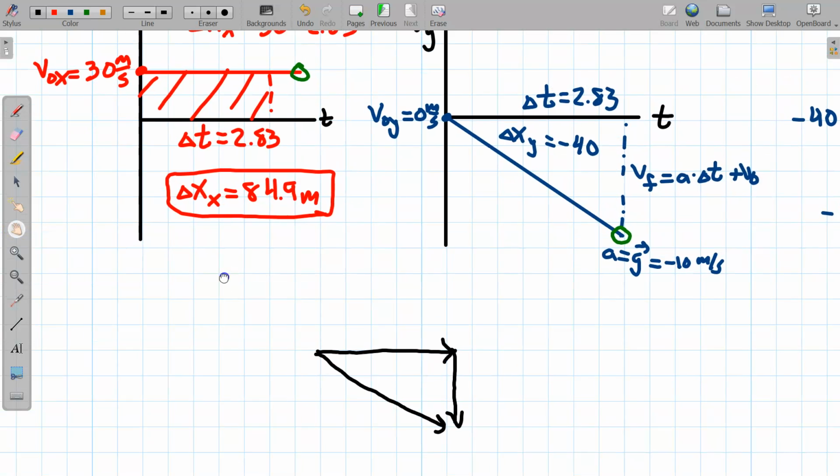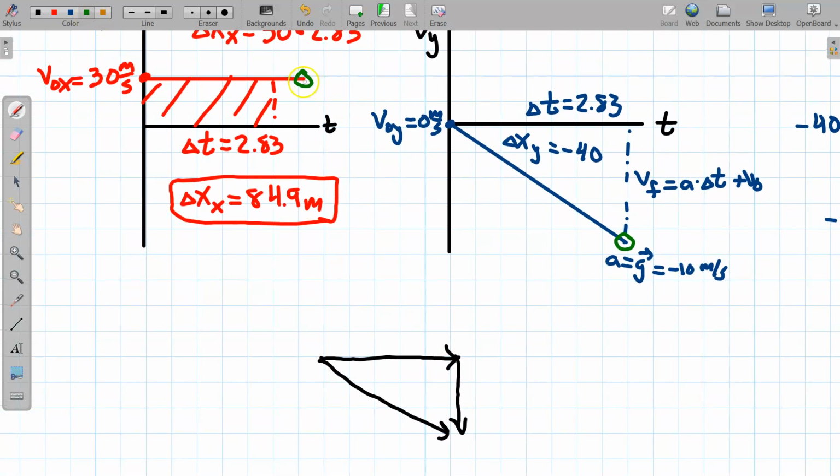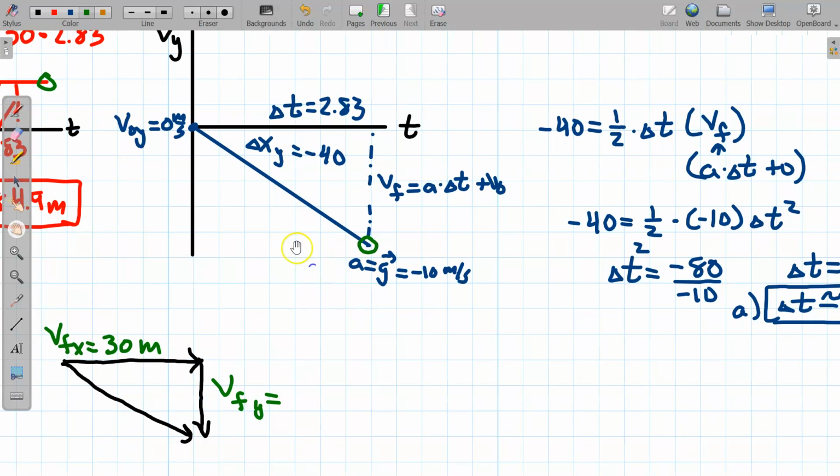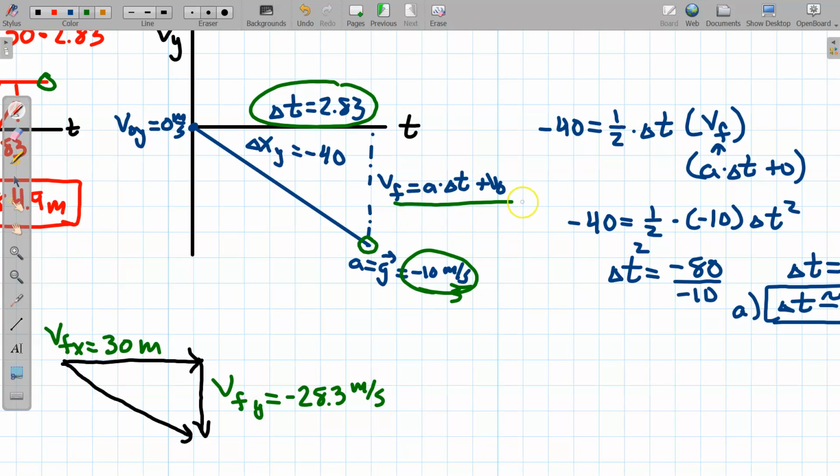So in the horizontal direction, my velocity is constantly 30 meters per second, and that's VF in the x direction. VF in the y direction takes a little bit of work. But here's what I know: because it's in the air for 2.83 seconds, and it's losing 10 meters per second for every second, it's going to lose 28.3 meters per second total. You can plug these values into this equation if you want and get the same thing.